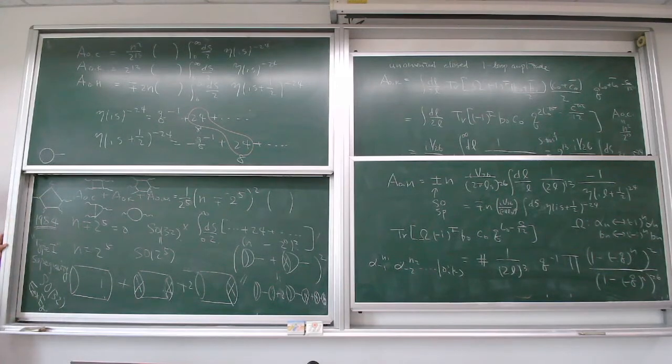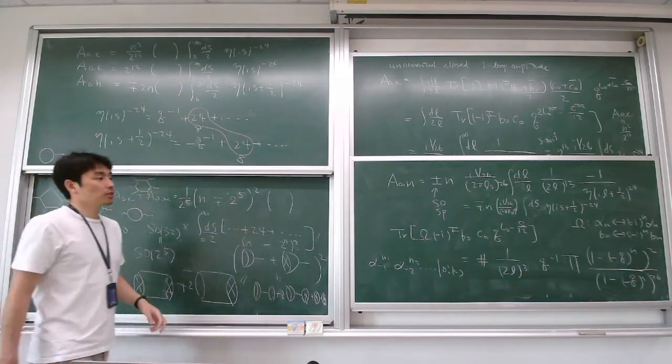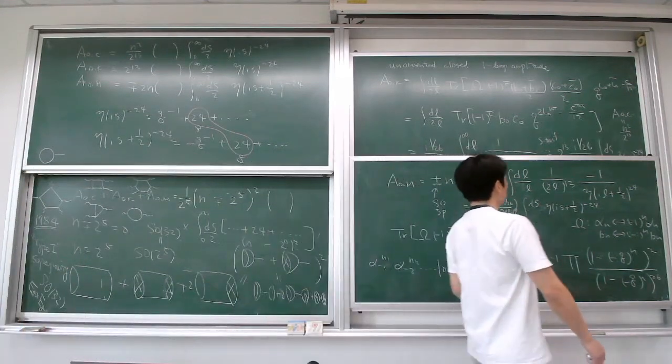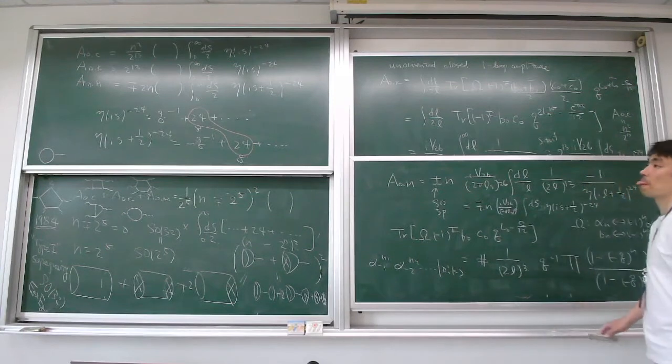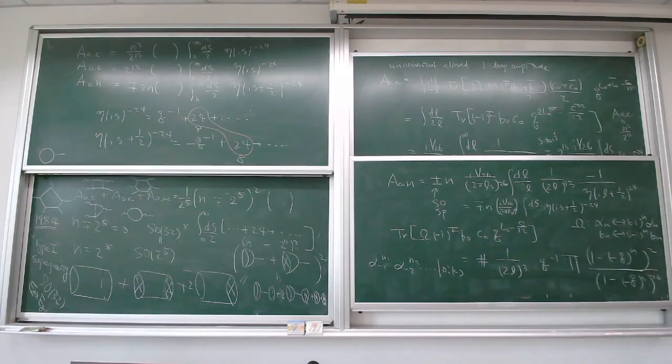E8 cross E8 really shows up in the heterotic string, and also SO(32) will show up in type 1. Okay, so that's one way to see how SO(32) arises.